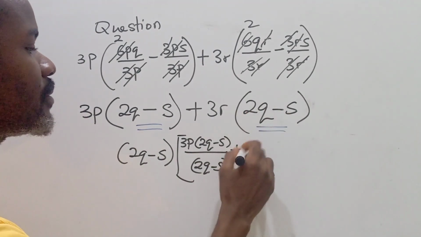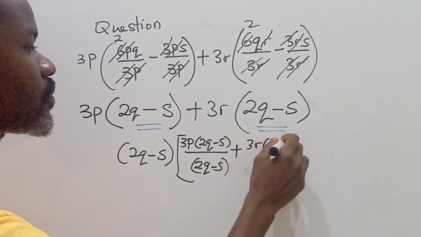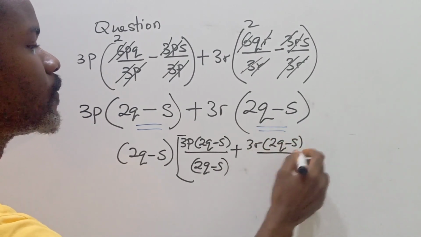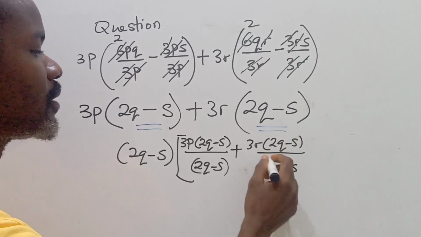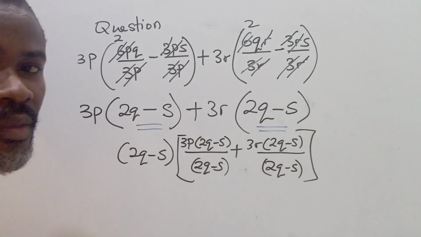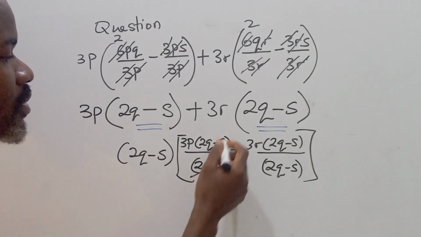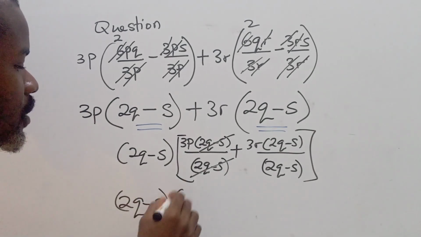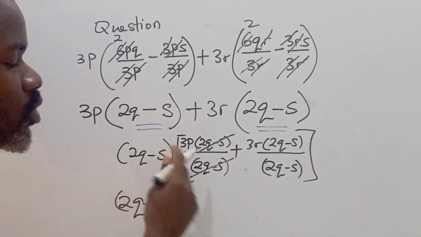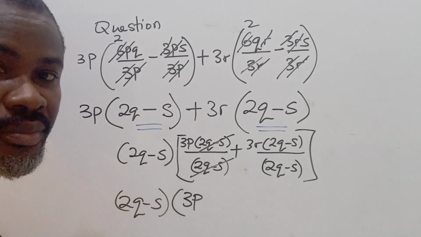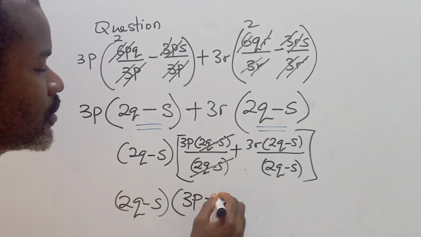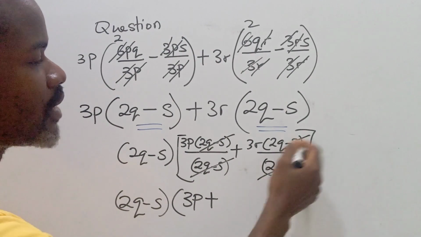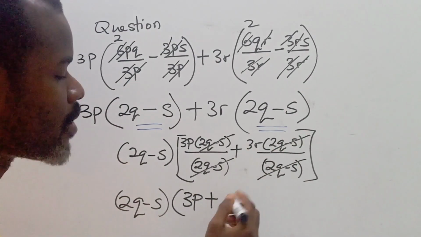For this other part, I'm also going to divide by 2q minus s, and so this will cancel out this, and we are left with 3r.